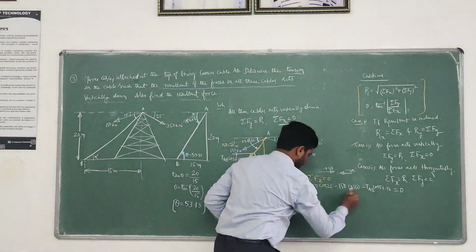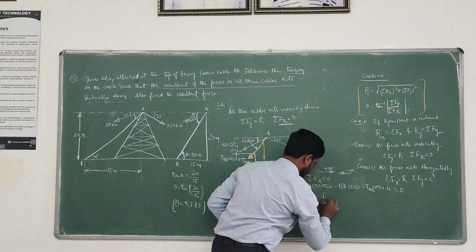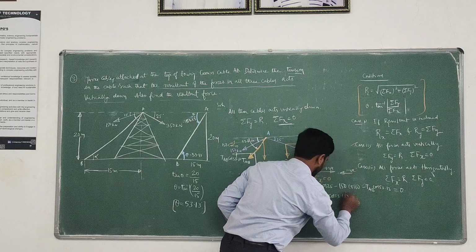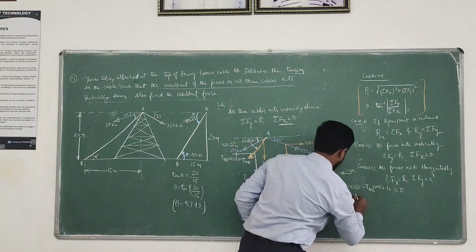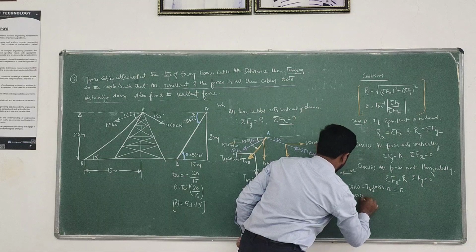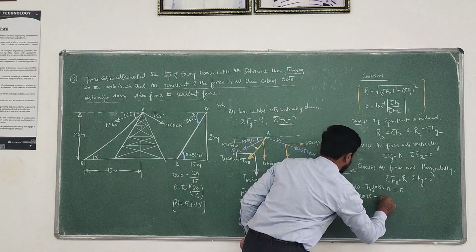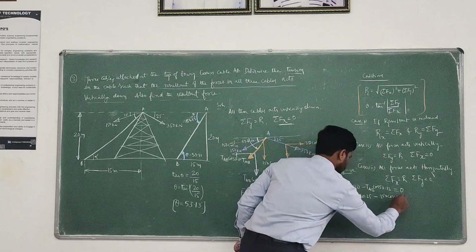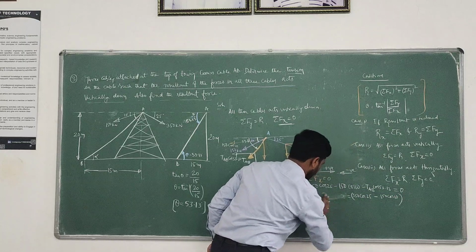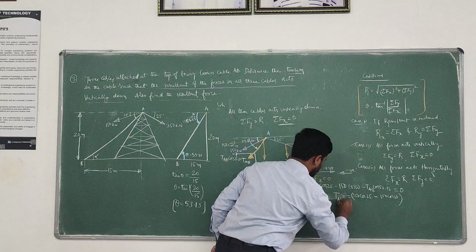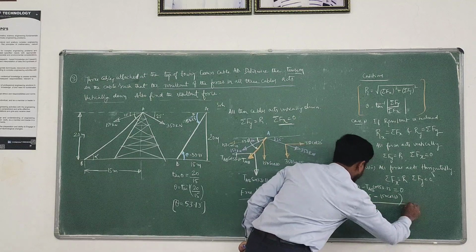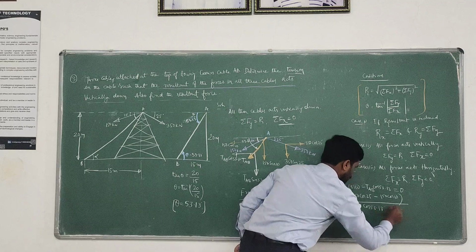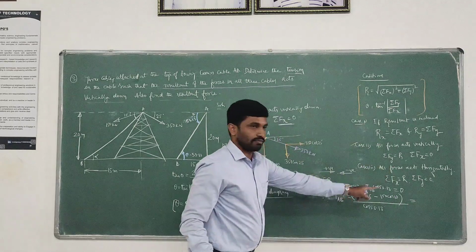If you do this, if you take the right side, TAB cos 53.13 is equal to 350 cos 25 minus 150 cos 10, or another way, TAB equals this divided by cos 53.13. If you do this, you are getting the TAB value.